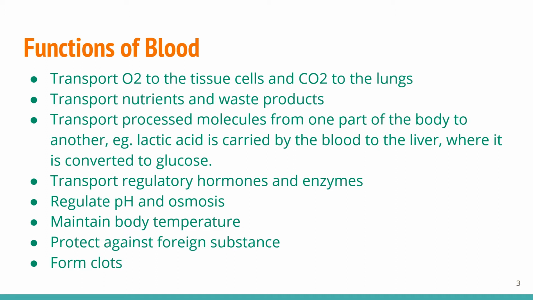It also helps transport our hormones and enzymes, and regulate pH and osmosis. We're able to actually measure the pH of the blood, but the different constituents can help regulate the pH. It helps maintain our body temperature, helps protect against foreign substances, mainly the white cells, and the platelets are what help form our clots.